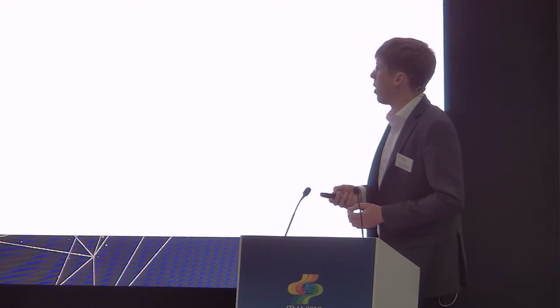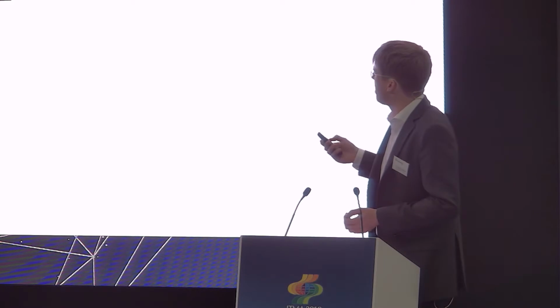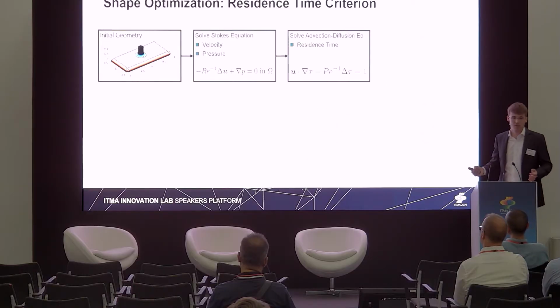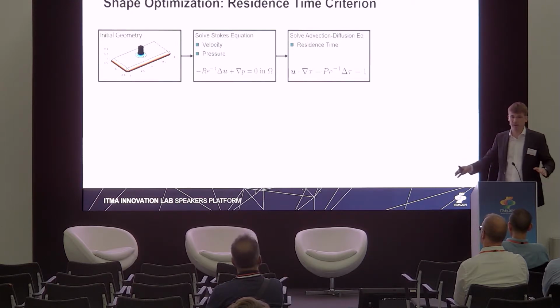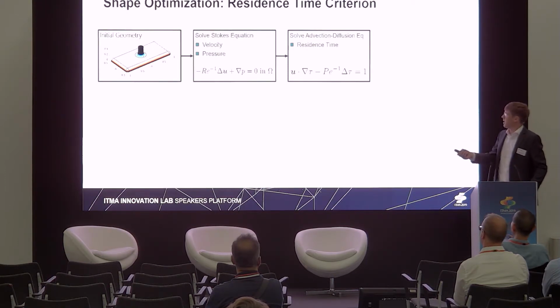And the optimization cycle is basically the same, with just one difference. You again solve the flow equation, and then you need to solve a second equation which measures the residence time. So basically you trace particles through the spin pack and then use this to compute the residence time.